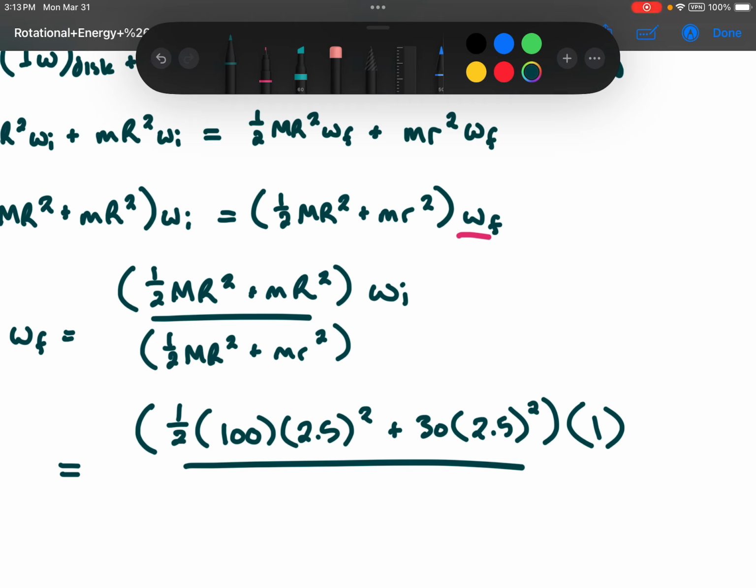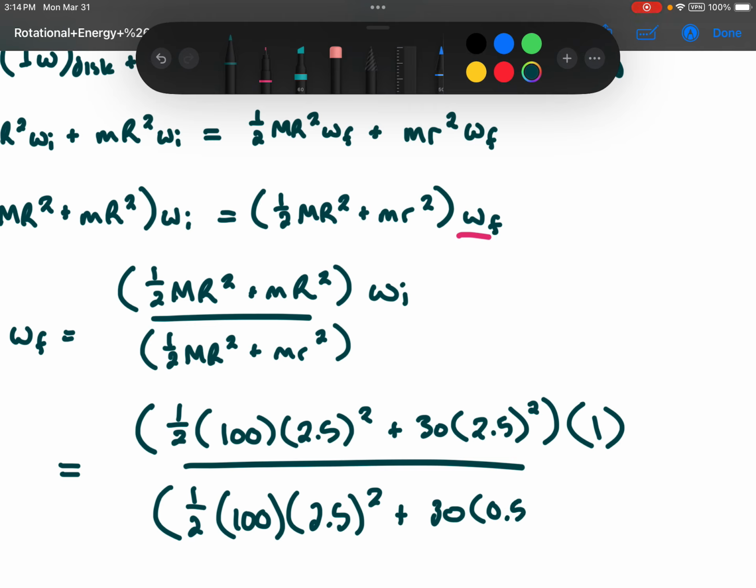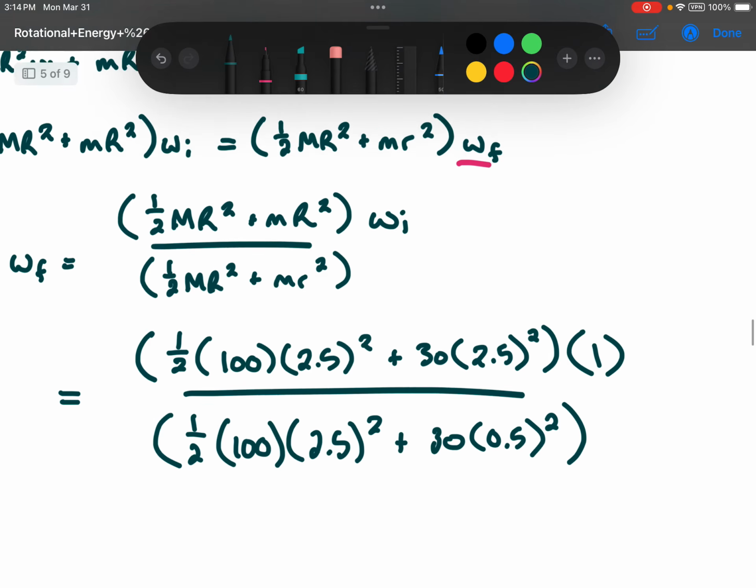And then in our denominator, 1/2 times the mass of the merry-go-round, 100, times the merry-go-round size, 2.5 squared. Again, that didn't change. Then plus the child, 30, but now the child is at 0.5 meters from the center. That's the value we have to be careful of.